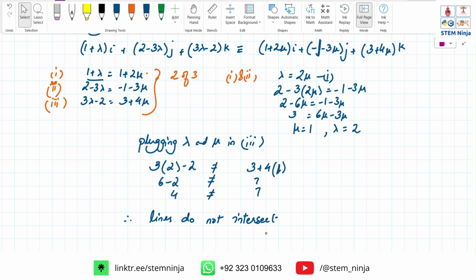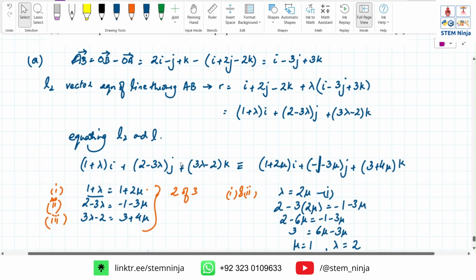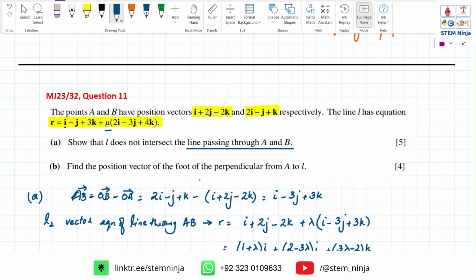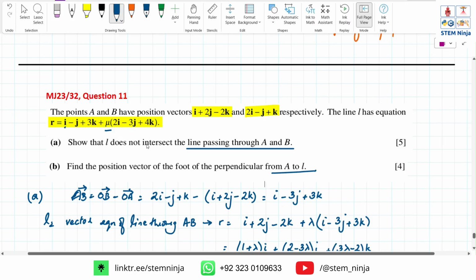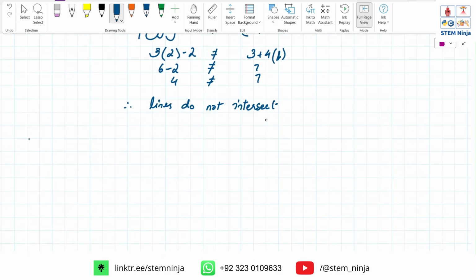Right. Okay. Next up, we have: find the position vector of the foot of the perpendicular from A to L. So first, let's write the key components necessary. So OA was I plus 2j minus 2k, and the line L is r equal to, let's continue writing this in the parametric form.